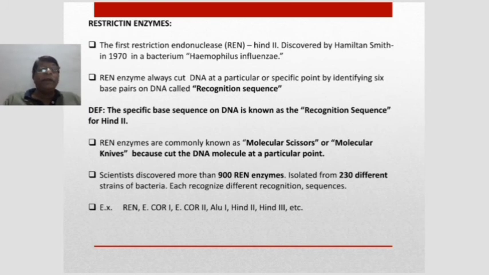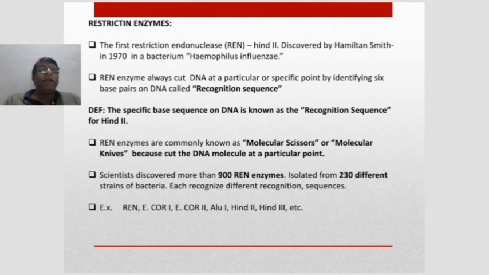What's the number? 900 different types of enzymes are discovered by the scientists. And these enzymes are isolated, means obtained, from 230 different types of bacterial strains. How many? 900 enzymes, and 230 bacterial strains. Very important for NEET examination.